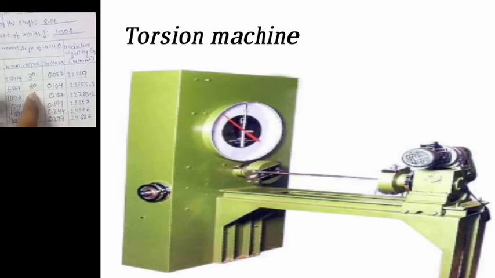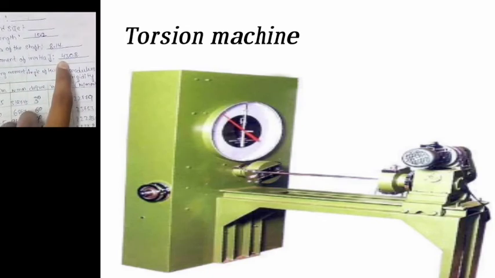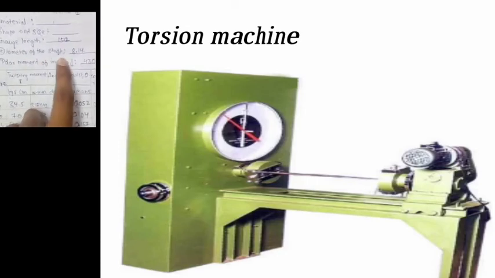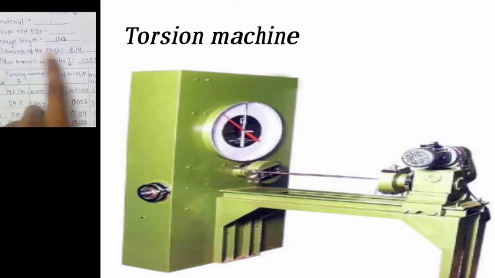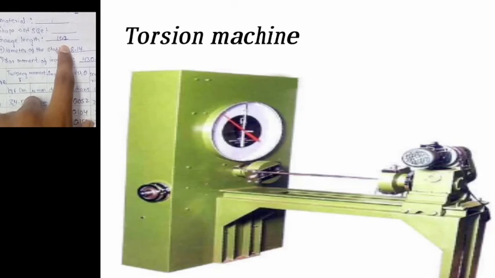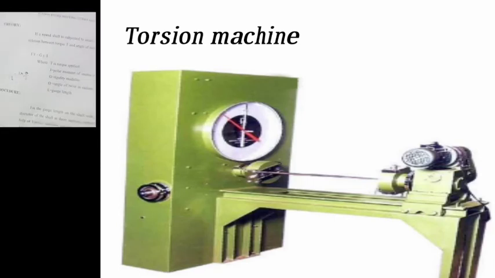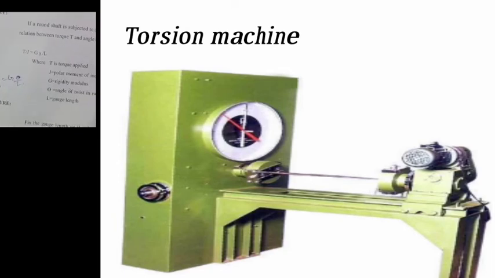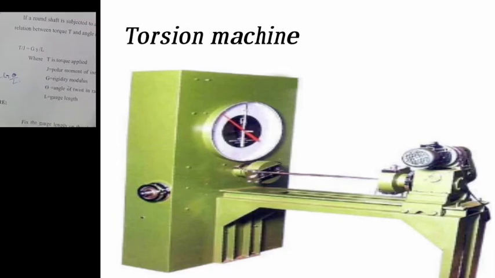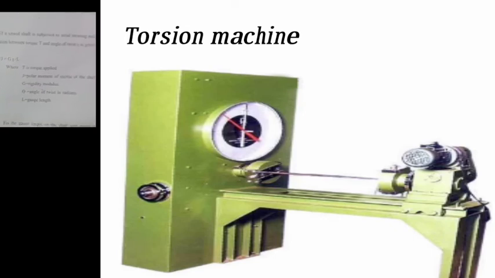From these two things and the polar moment of inertia 430.8, where the diameter of the shaft is 88.14 and the gauge length is 15.2, we put all these into the formula T by J is equal to G theta by L is equal to tau by R. Finally we get the modulus of rigidity.